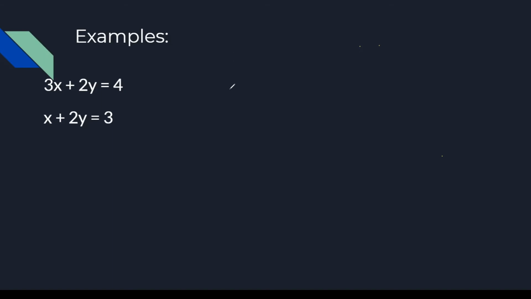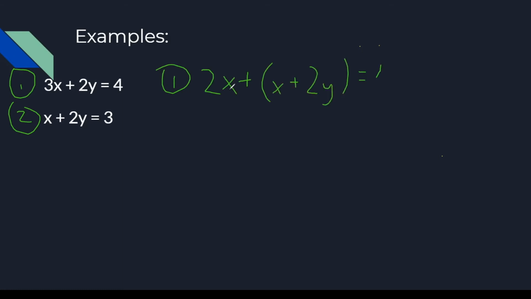Okay, let's start by labeling these equations, equation 1 and equation 2. Okay, so for equation 1, let me rewrite it to make it a little bit easier to visualize. Again, this is associative property, okay? So that's our first equation. And our second equation is x plus 2y equals 3.